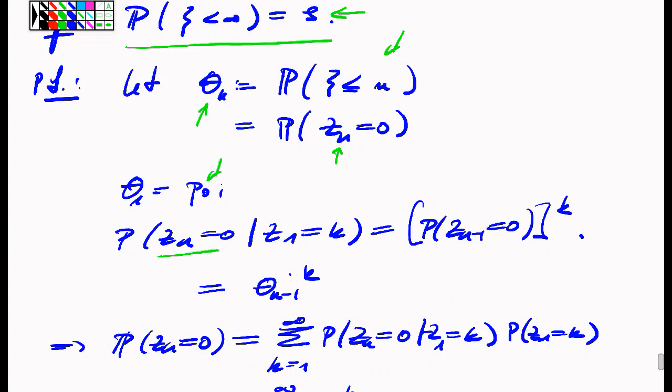Now, what's the probability of having no population in generation n if we had k members of the first generation?